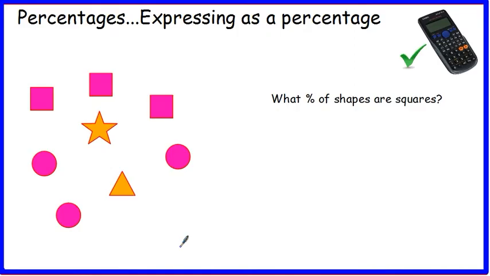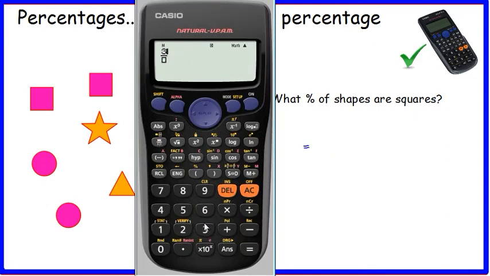Okay, so what percentage of these shapes are squares? 1, 2, 3. Out of 1, 2, 3, 4, 5, 6, 7, 8. And this time it's difficult to get this to a 100. So what I'm going to do is I'm just going to type that in. 3 over 8, press equals, press SD, and 0.375.